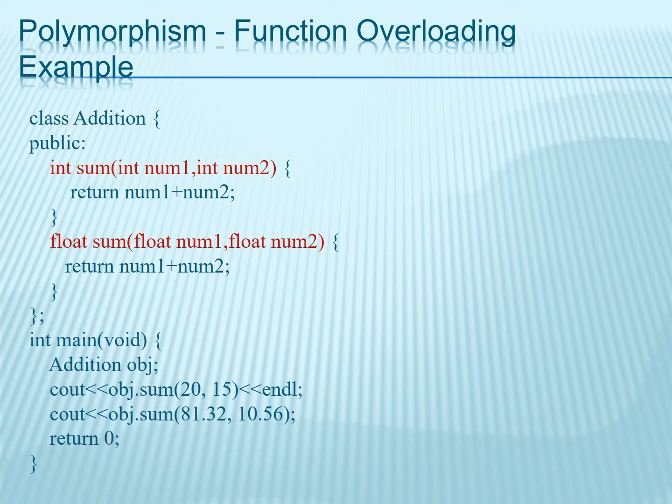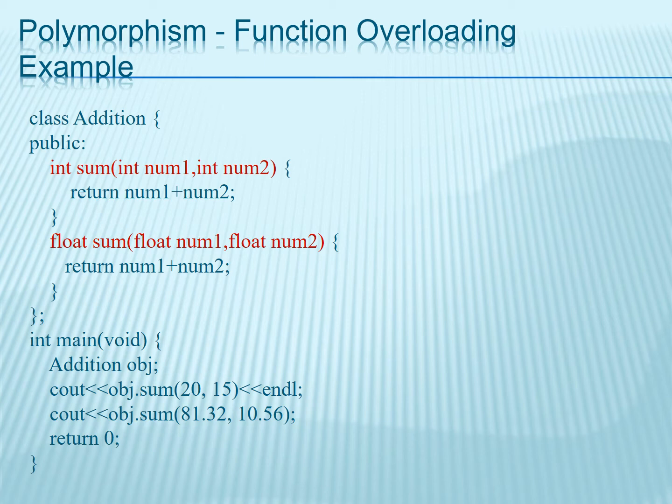The second definition of sum receives the float variables and returns the sum of the float variables. And these overloaded functions are accessed using the addition object obj from the main function.